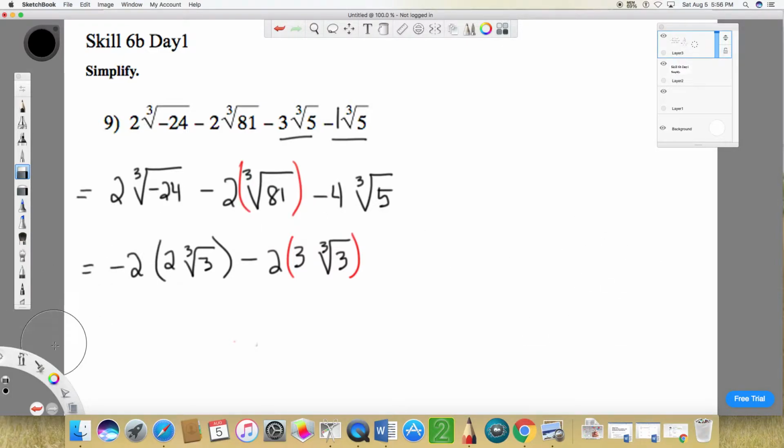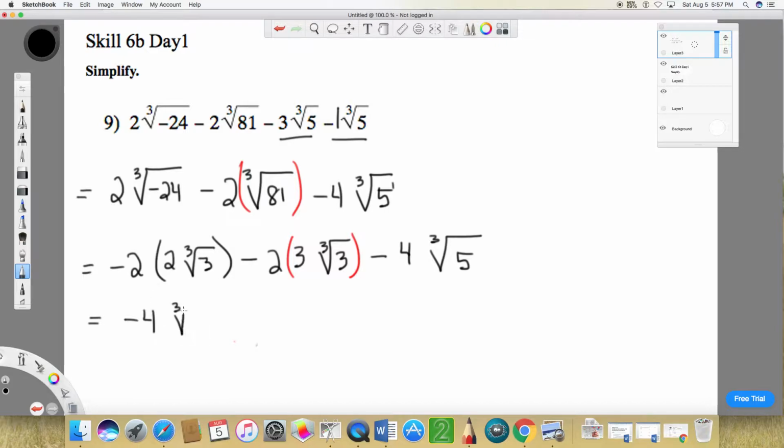And for that last term there, we already combined it. We can see that there's just a single factor of 5, not a group of 3 of them. So we have this. Well, let's come in and multiply these coefficients together so that we can add all these up. A negative 2 times a positive 2 is a negative 4.